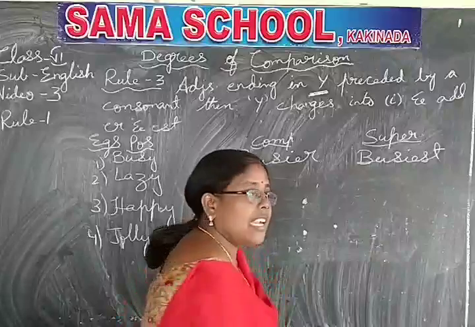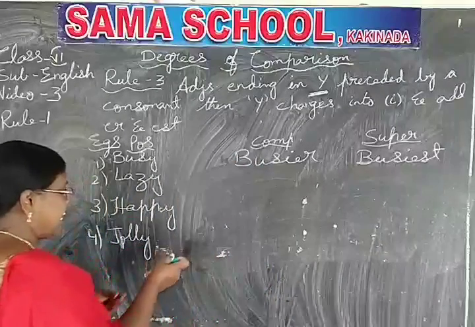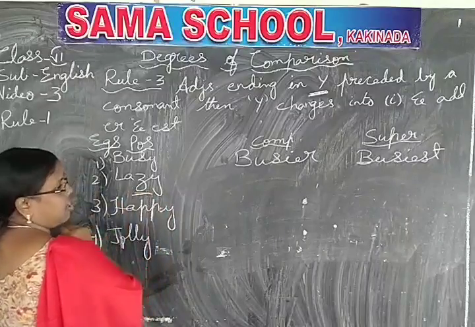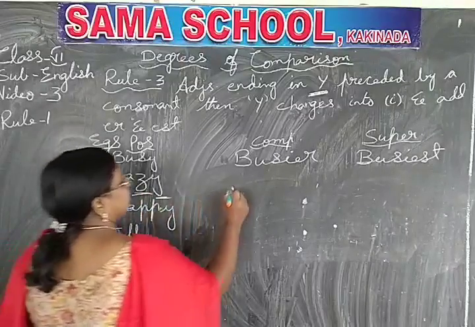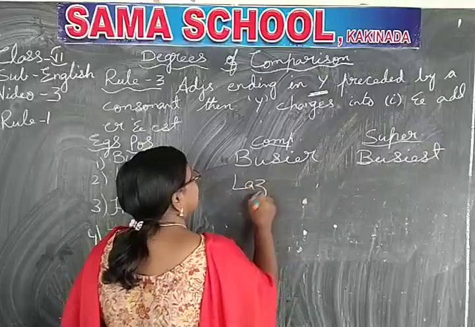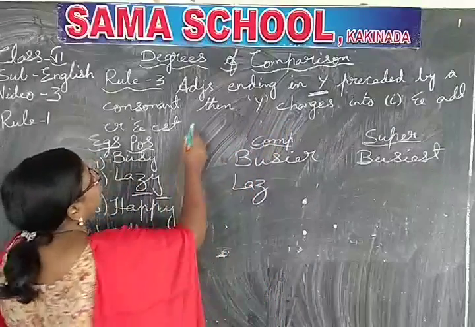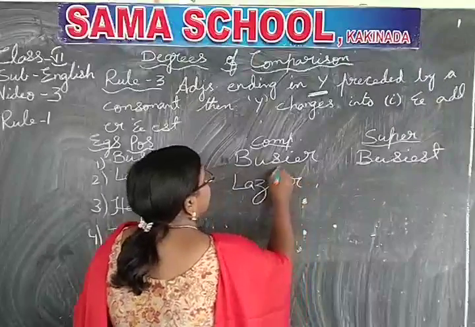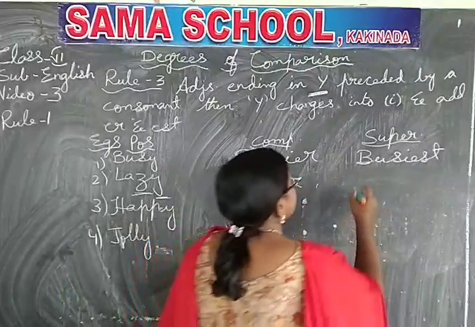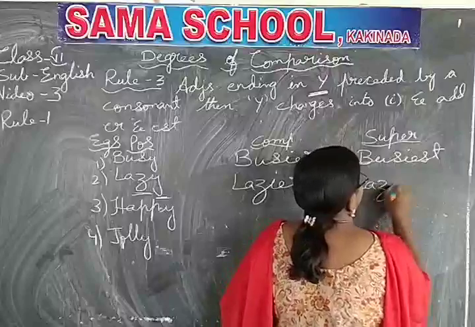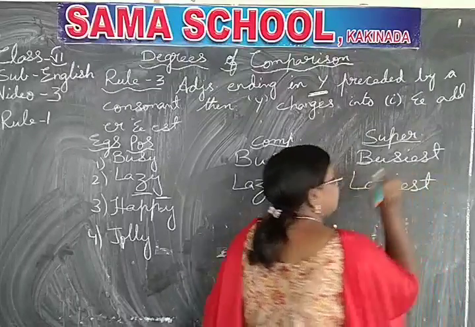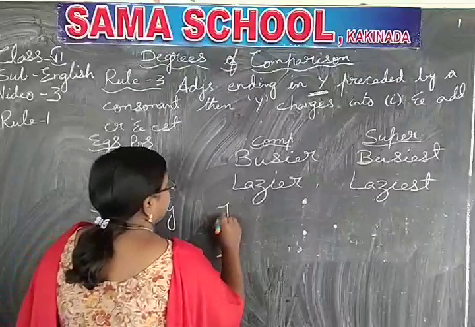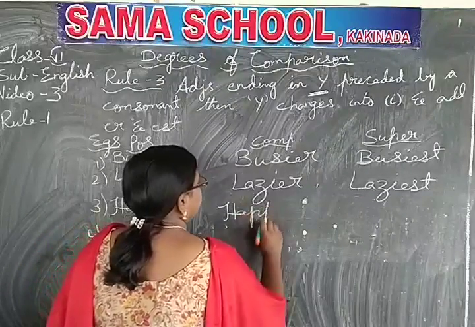Is it clear? Now next one, lazy. L-A-Z-Y. Z consonant, this Y. L-A-Z. Y becomes I, said no? Changes into I. I-E-R. Lazier, laziest. Next, happy. H-A-P-P.